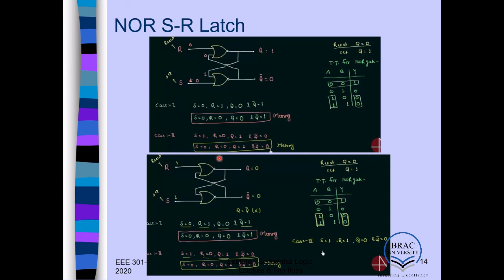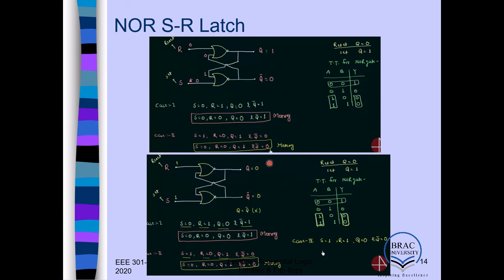Now look at case 3. For case 3, now change it: S equals 1, R equals 1, both 1. What will be your Q and Q prime? If both are 1, then output becomes 0.